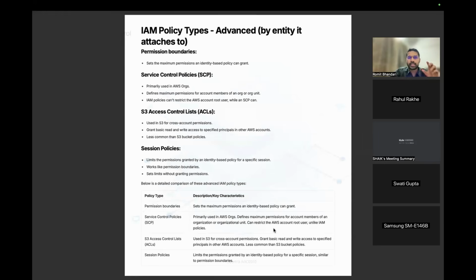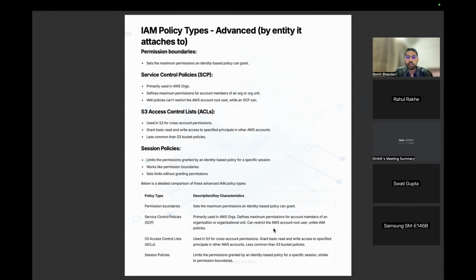Okay, let's quickly check what we mean by permission boundaries. Permission boundaries generally set the maximum permissions an identity based policy can grant. So just think of it in that way. Service control policies are more on the org level.